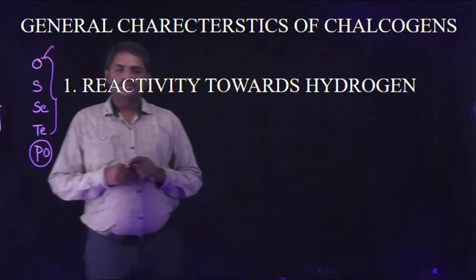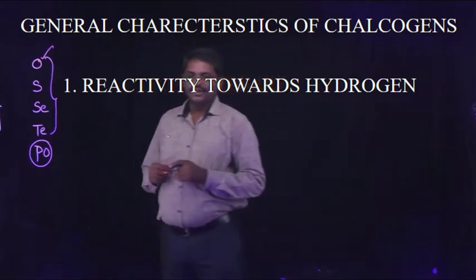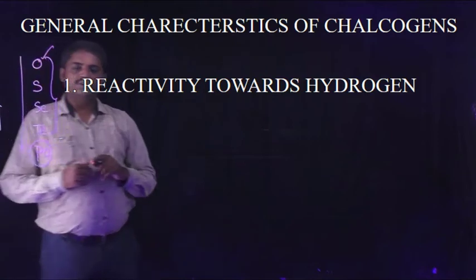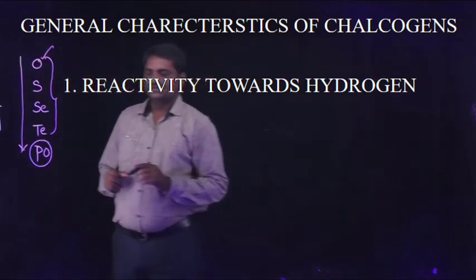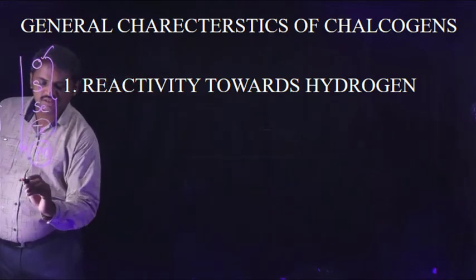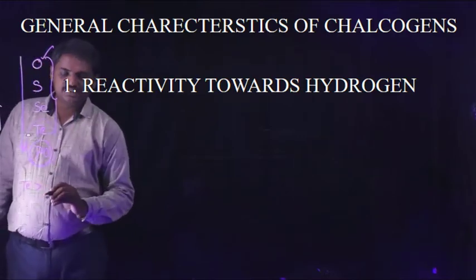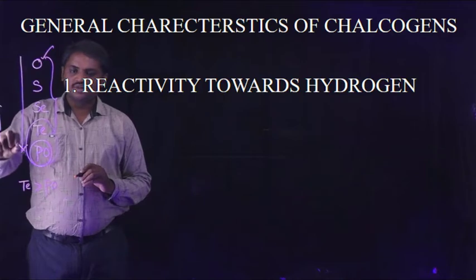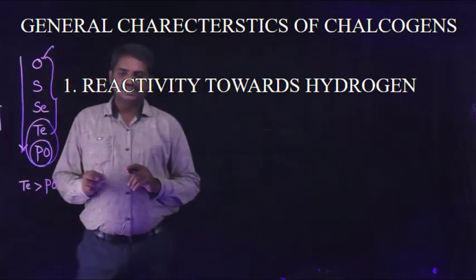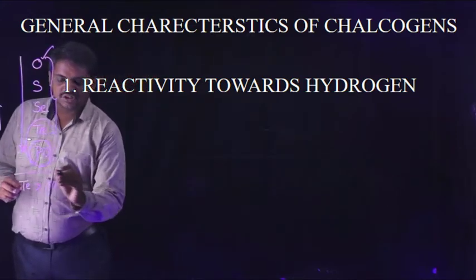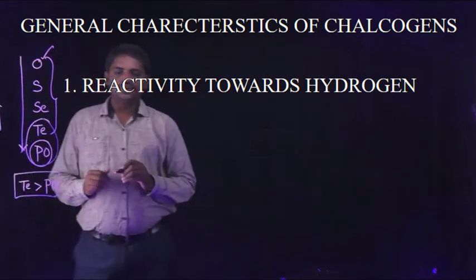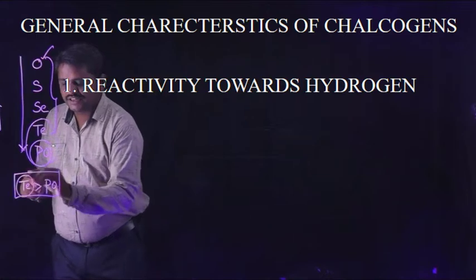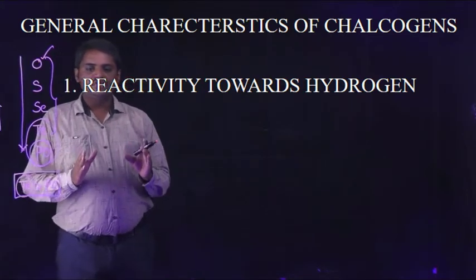Except oxygen, which exists in the gaseous state in nature, for the remaining elements, on moving down the group, melting points and boiling points increase. Of the last two elements, tellurium exhibits a higher boiling point than polonium.